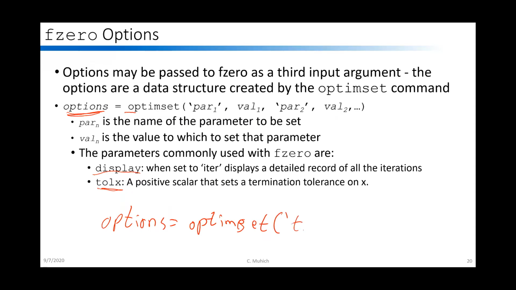We can go in and put tol x in quotes to tell MATLAB that it's there, and then I don't know, maybe we only want it down 10 caret -3. Wrap that in the parentheses, and then we can pass that along. We can pass options along to fzero to be used in that call.